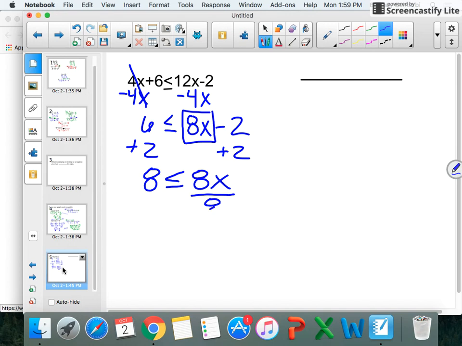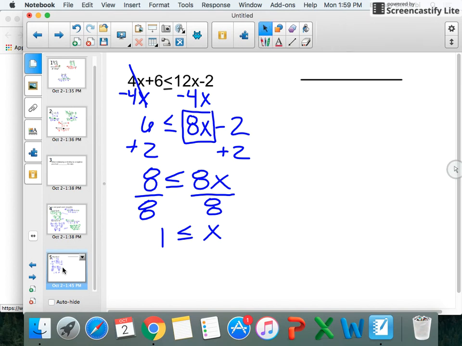And then finally divide by a positive 8. So since I'm dividing by a positive, no need to flip anything. So we've got 1 is less than or equal to x. Or x is greater than or equal to 1. Now the way I like to look at it is I like to flip it because I do like to have my variable on the left-hand side.